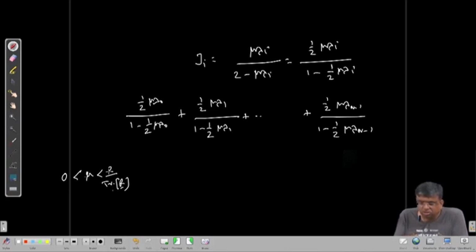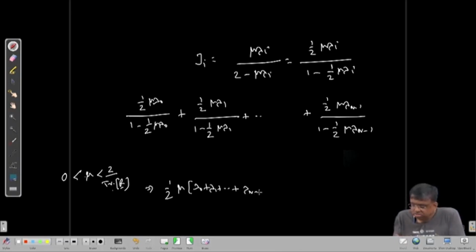So, mu into trace R should be less than 2, that means half mu into trace R, which is half mu lambda 0 plus lambda 1 and so on, should be less than 1 and of course greater than 0. If mu is greater than 0, trace is greater than 0. But what does it mean? Half mu lambda 0 plus half mu lambda 1, their summation is less than 1.